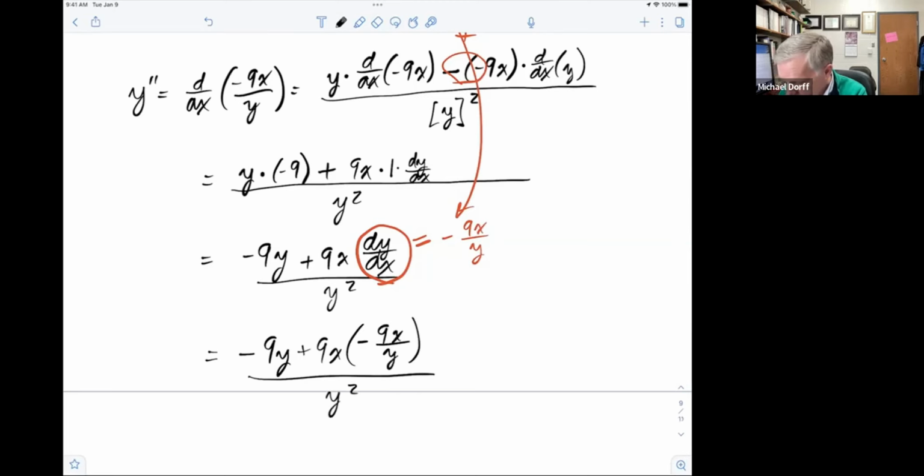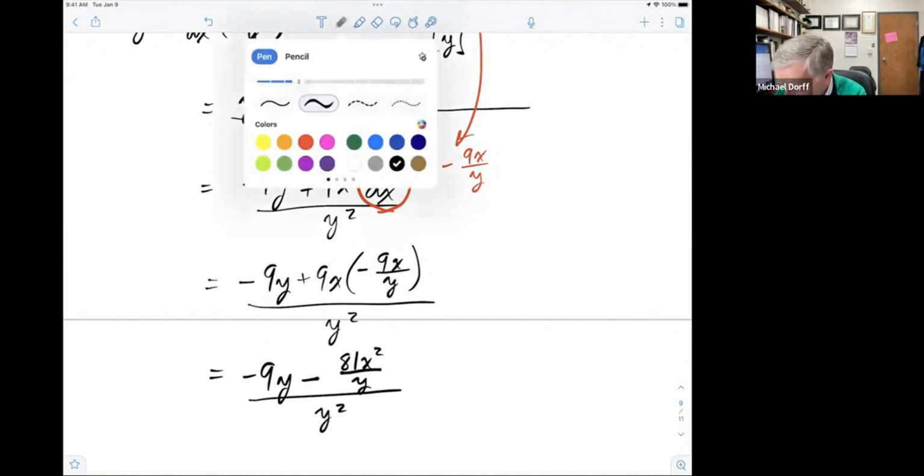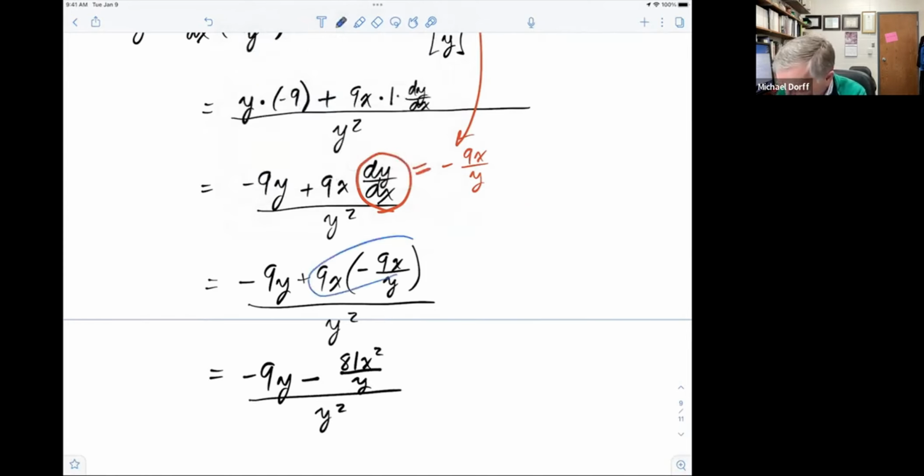Now we don't like that fraction in the numerator, so we're going to simplify that. First I multiply these two terms together to get negative 81x squared over y. Now I want to get rid of that y in the numerator, so I'm going to multiply the top by y and the bottom by y.